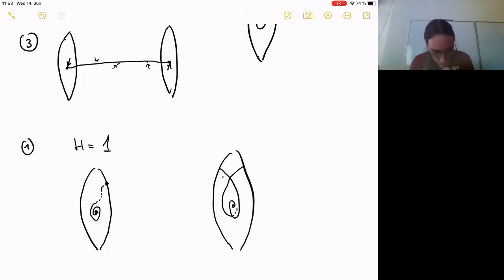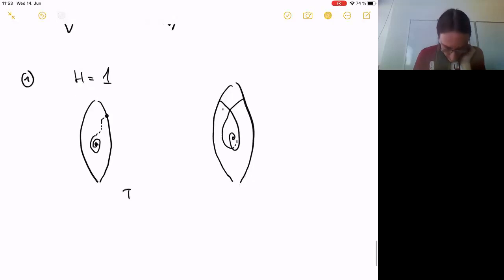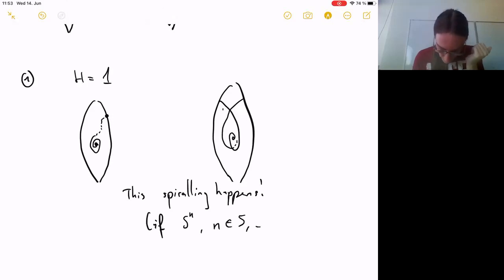If you know this, you can skip most of the other steps. And it's very nice because this spiraling happens, but only in specific dimensions. If you're on S^n, and n is between 5 and 9.